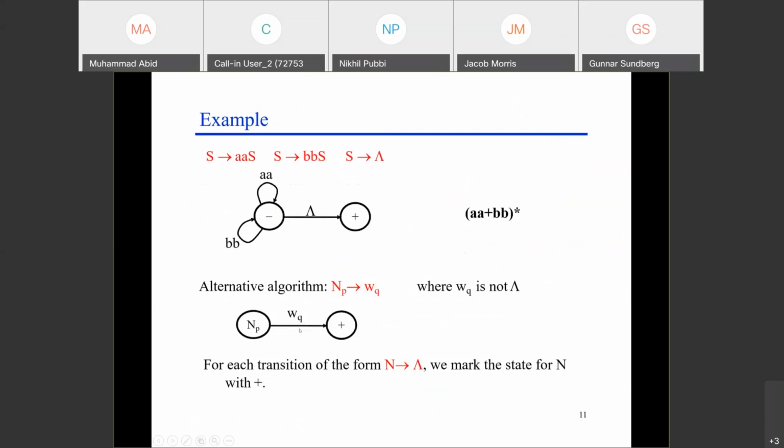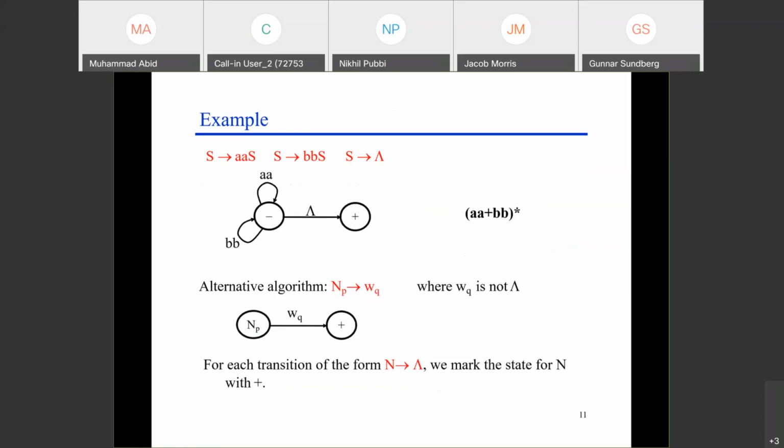Look at this one. We have this grammar, and this grammar has three production rules. All these three production rules are semi-word productions, and we can say that it represents a regular language.